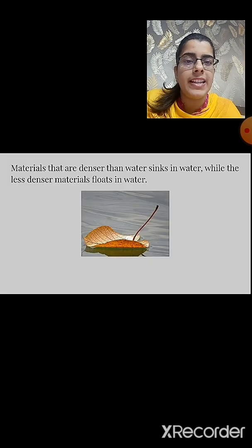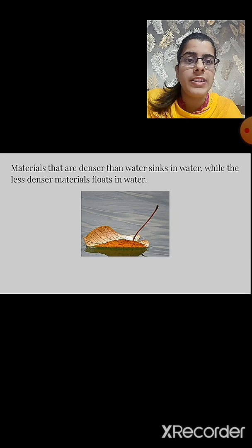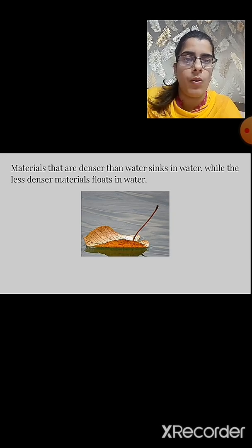So, the materials that are denser than water, which are heavier than water, sink in the water, while the materials which are less dense, which are lighter than the water, float in water.